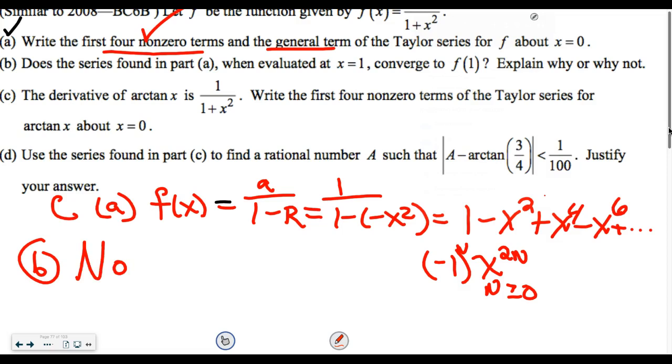Now, there's a couple ways you could say why not. Because who said no over on this side? So why not? Because it just alternates between 2 and 1. So he's going to actually go over here and say, well, at 1, I've got an alternating, oscillating, divergent series.